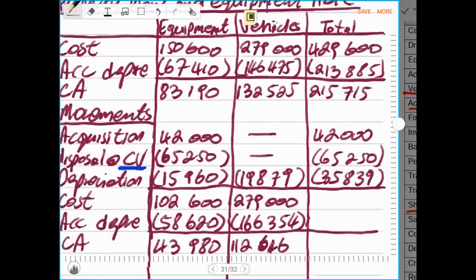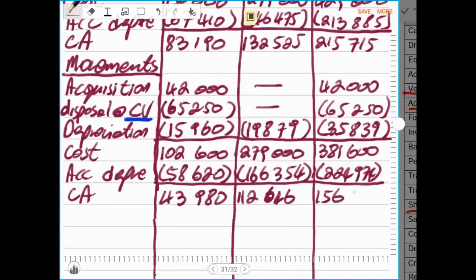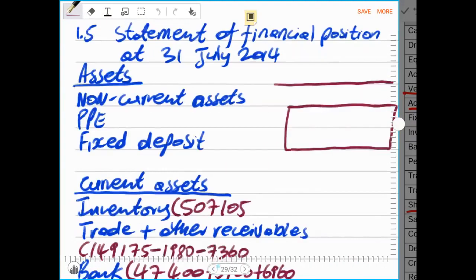Then we will have total cost at the end of the year as 381,600, and total accumulated depreciation at the end 224,974. Total carrying amount will be 156,626. So this amount will go straight to the balance sheet under property, plant and equipment. Straight to the balance sheet under PPE we record 156,626.